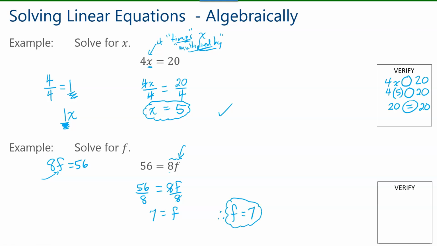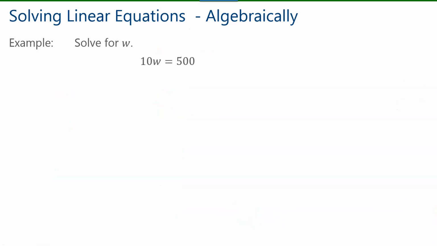If I verify, 56, 8f, in place of the f, we put our 7, and 56 does equal 8 times 7, which is 56. f equals 7, correct. One more example, 10w equals 500.